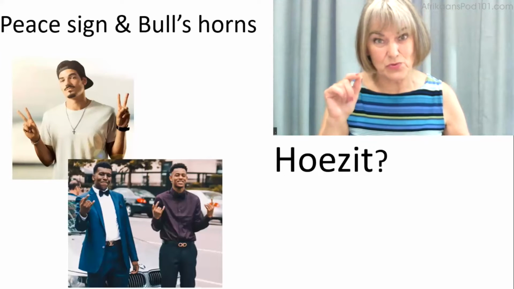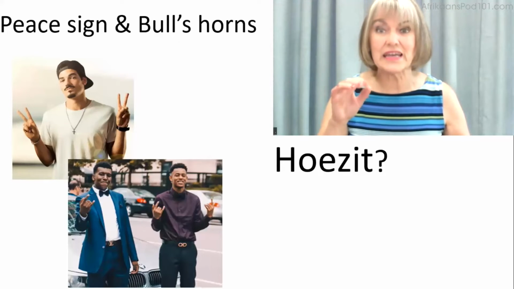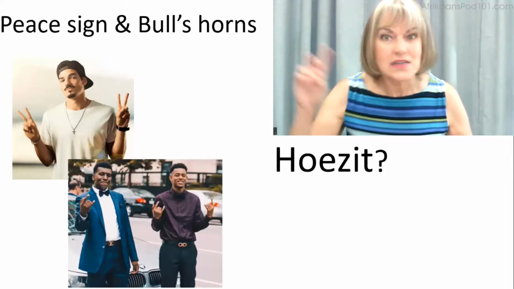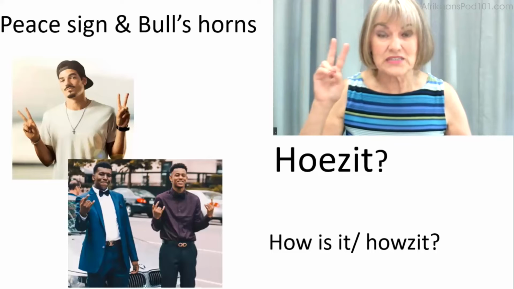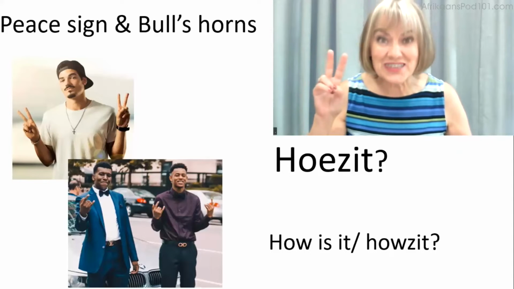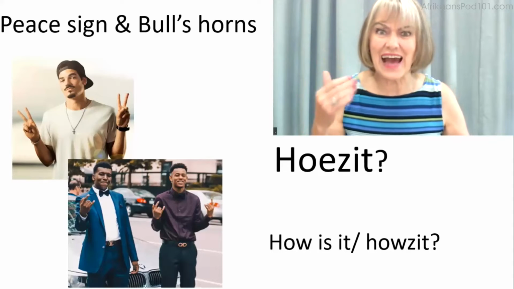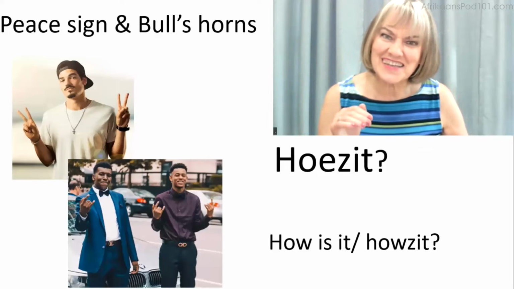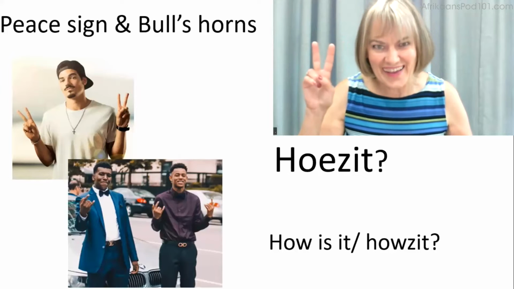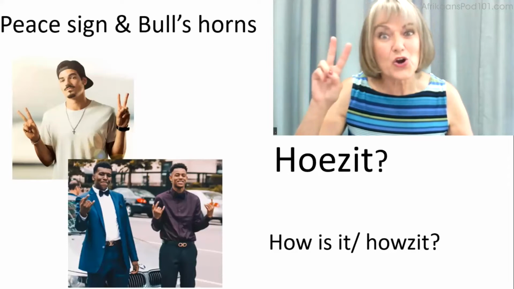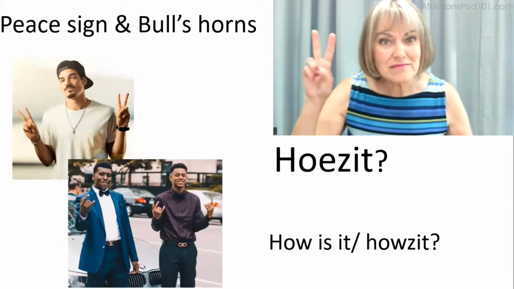You have to know that. You wouldn't use this in a formal setting. Hoesit? Hoesit? Which means how's it in English. You would say how's it, and hoesit in Afrikaans really means how is it. It's not really asking the person how they are. It's a greeting to say hi in this kind of setting. Hoesit? Try it. Hoesit?